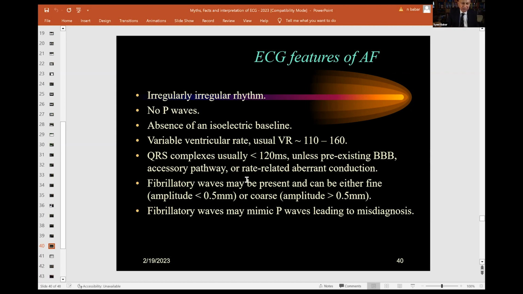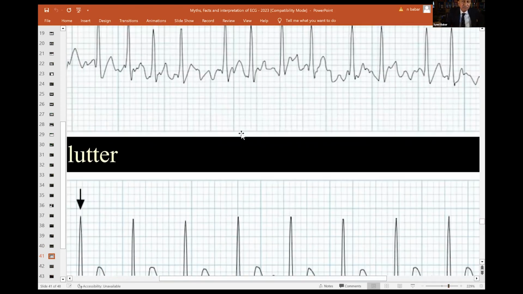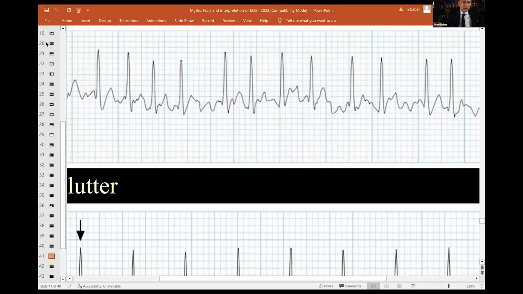Fibrillatory waves may be present, may be fine, with an amplitude of 0.5 millimeter, or coarse. And so if you see this, this is the picture of atrial fibrillation.